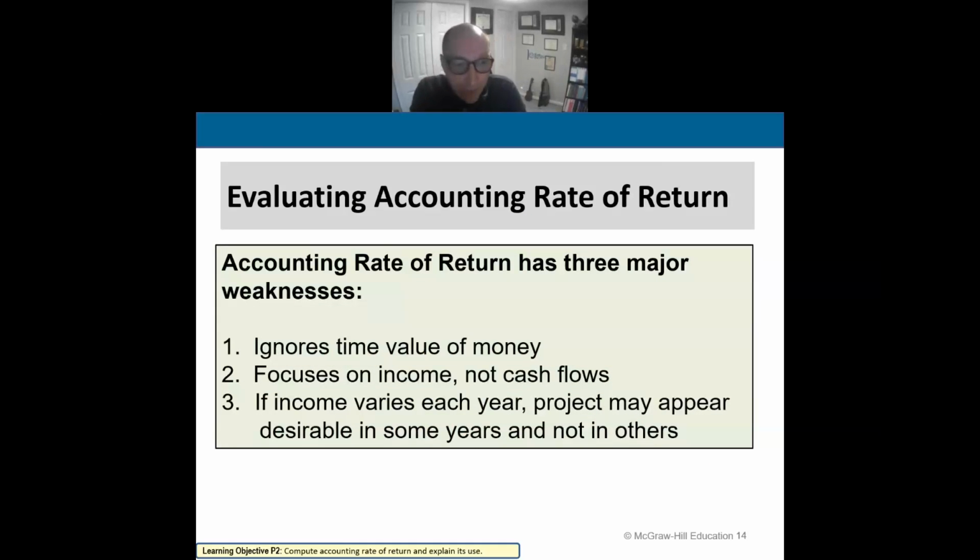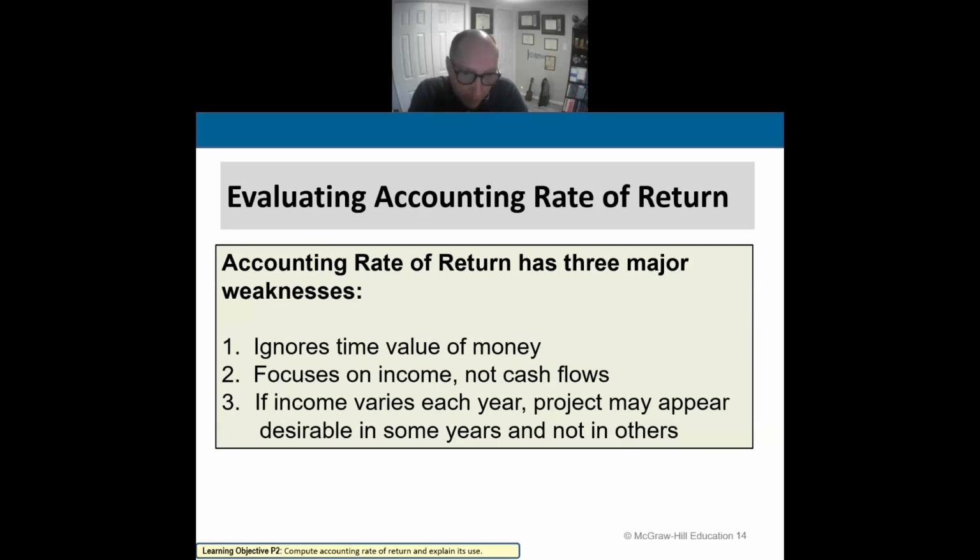So, with that, a couple of weaknesses of using accounting rate of return: it ignores time value of money, meaning it ignores any potential interest or interest payment for that matter. It also focuses only on income and not the actual cash flows, so that's relatively problematic.